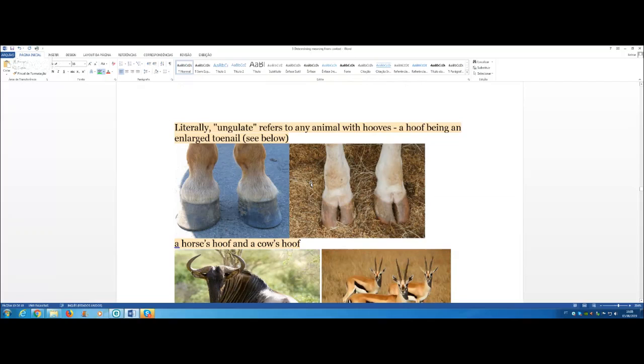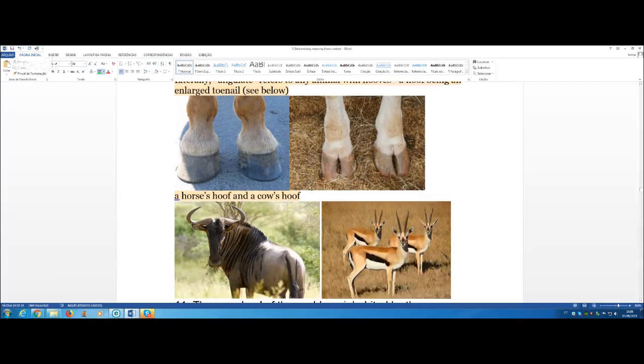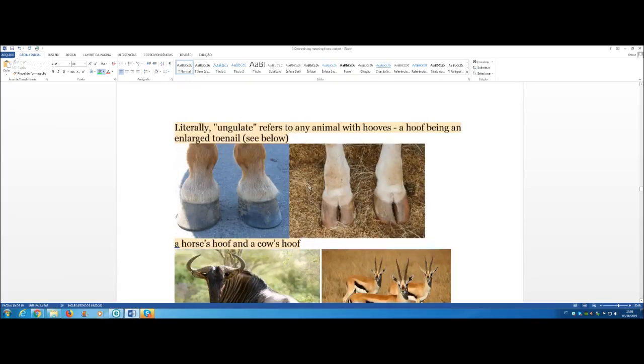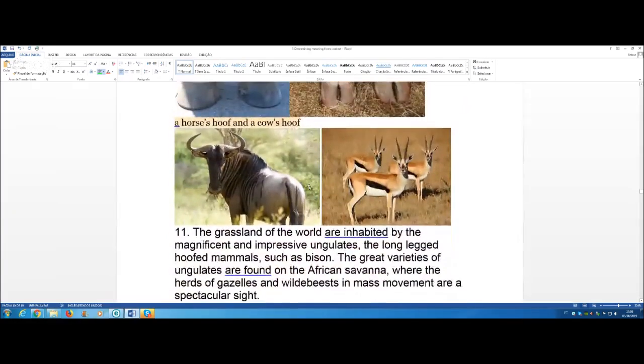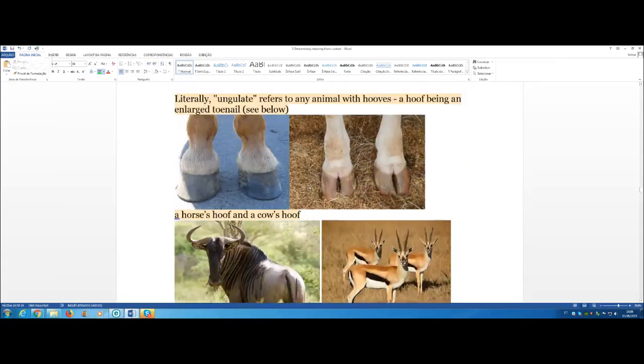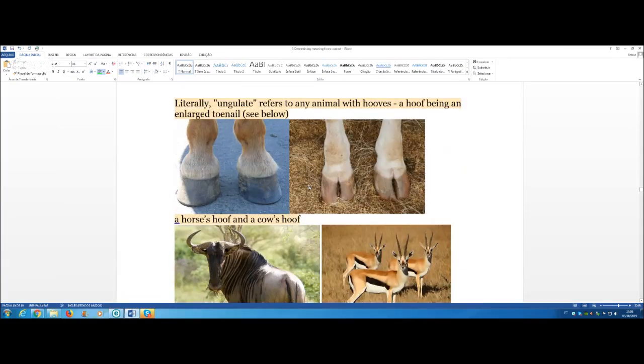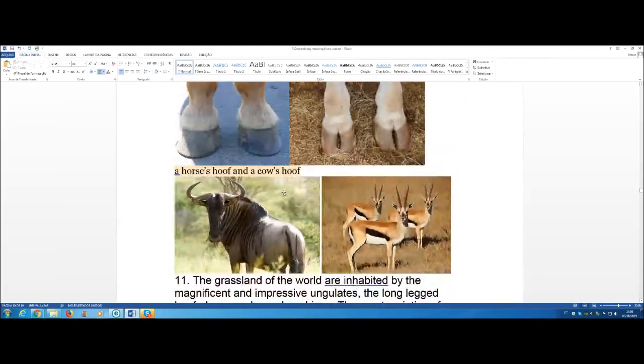Literally, ungulate refers to any animal with hooves, a hoof being an enlarged toenail. A horse, I got it. A cow's hoof. All right, that's the difference. It's something to do with the hoof.